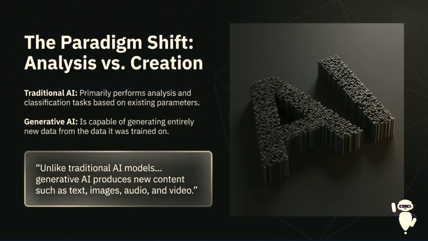This shift is called the move from analysis to creation, because traditional AI helps with analysis and deals with routine tasks, but generative AI is capable of generating new content, including text, images, audio, and videos based on the training data. So it's like from analysis and routine tasks to creation.